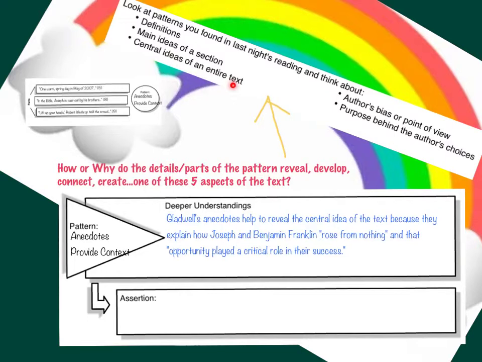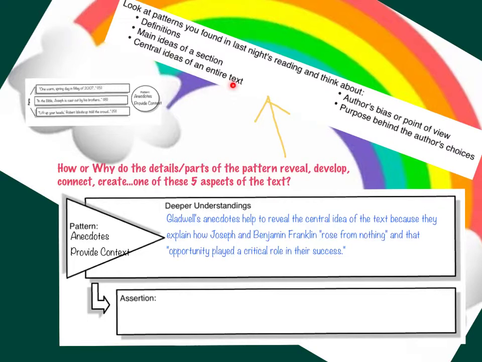The central idea of the text is easy to find in this particular book because Gladwell pretty much tells you. On page 30, closer to the end of his chapter, he says that opportunity plays a critical role in success. And all of his examples in the chapter, including the hockey players, help to support this central idea.